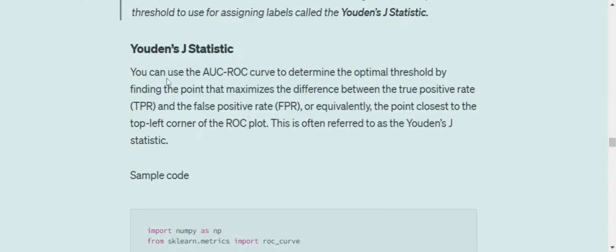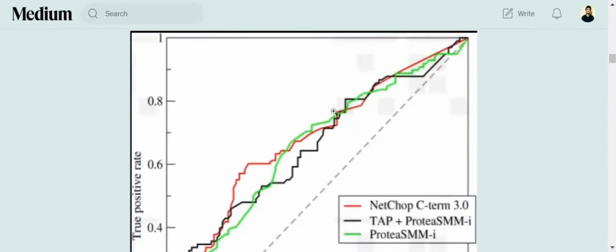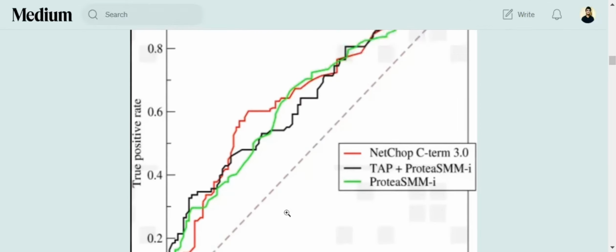Talking about Youden's J statistic, it is the point in the ROC curve where the difference between the true positive rate and the false positive rate is the highest in the plot. If you have forgotten about the AUC-ROC curve, here you can see that we plot the true positive rate on the y-axis and the false positive rate on the x-axis. I've already explained it, so I'm not going into it again.